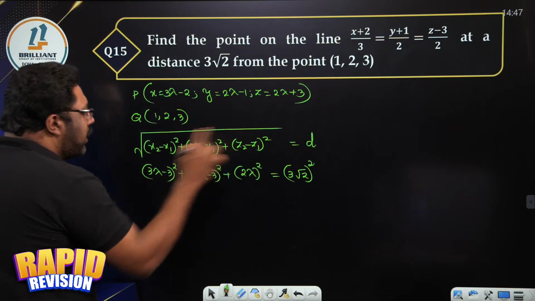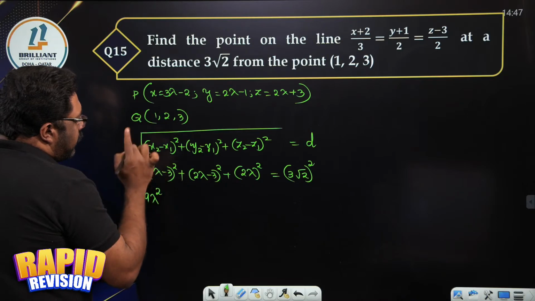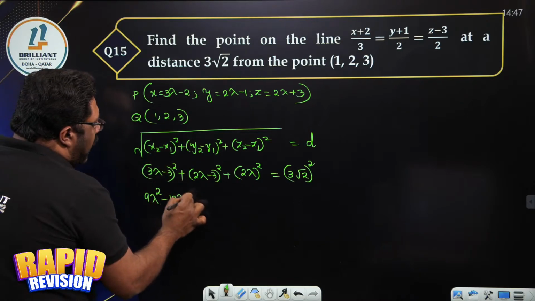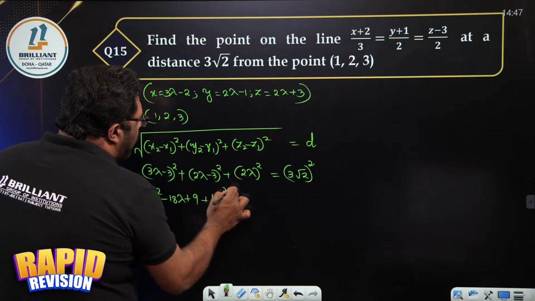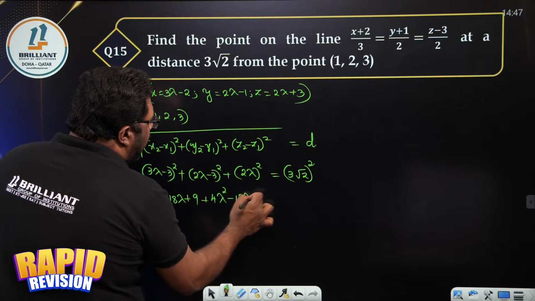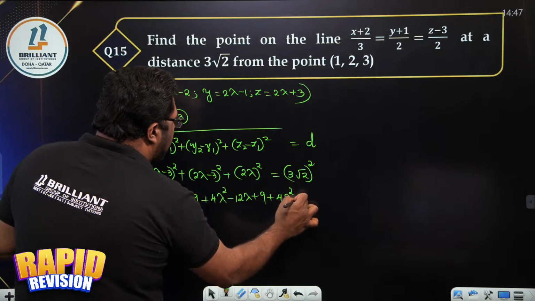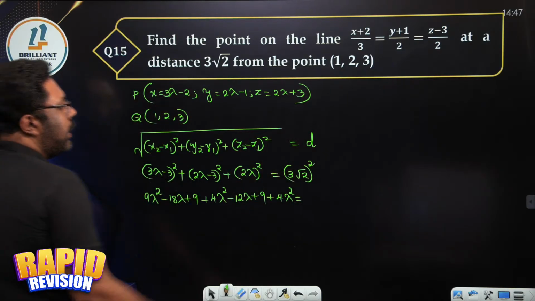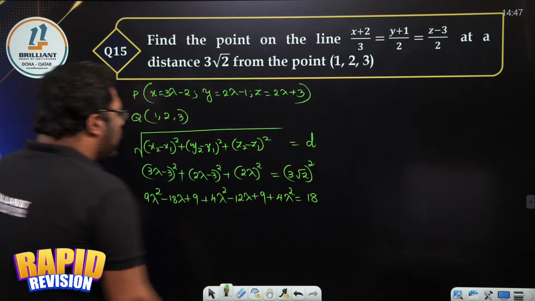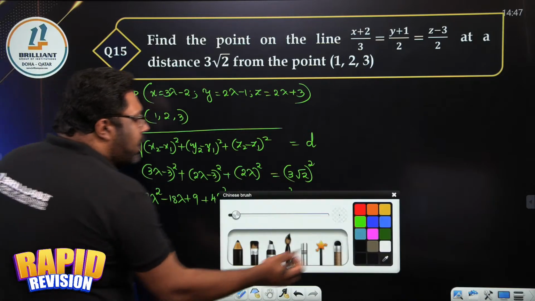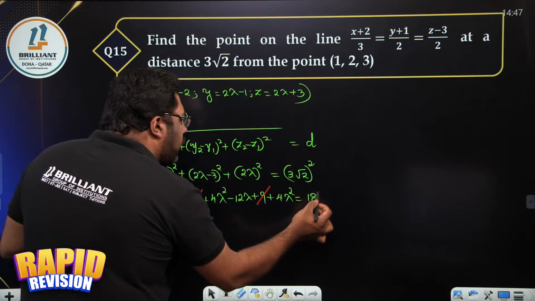Now you know how to open the brackets. 9 lambda squared minus 18 lambda plus 9, plus 4 lambda squared minus 12 lambda plus 9, plus 4 lambda squared, equal to, now 3 root 2 squared is 9 times 2, which is 18. So you can see that 9, 9, 18 cancels over here.